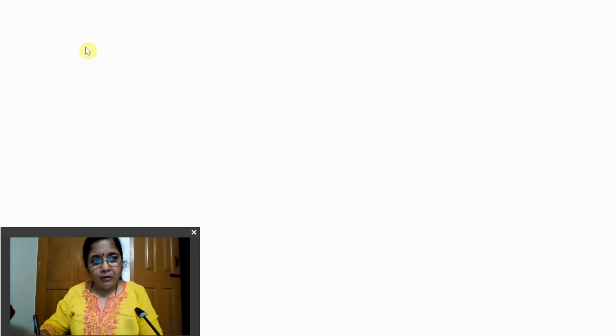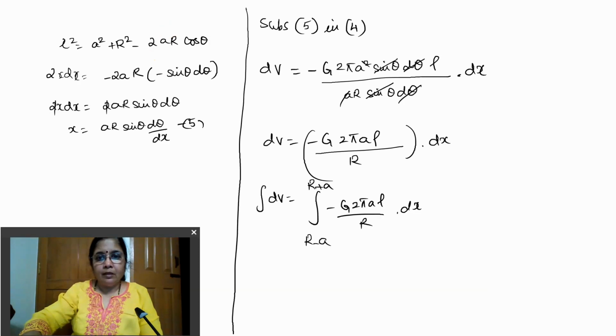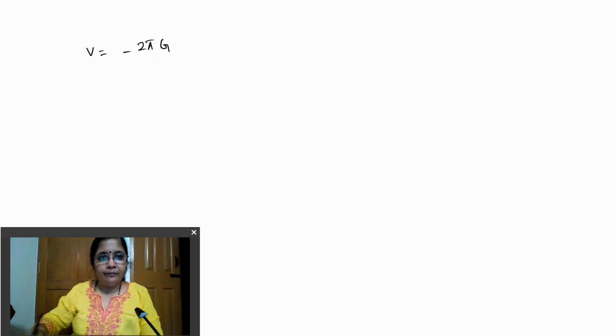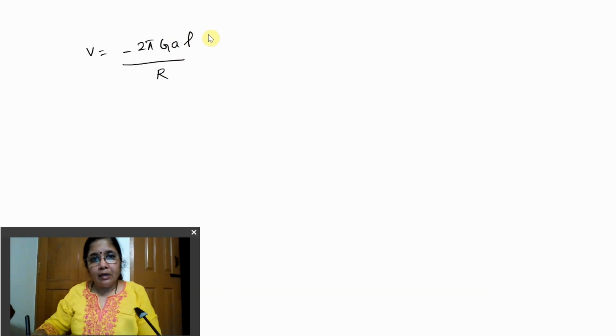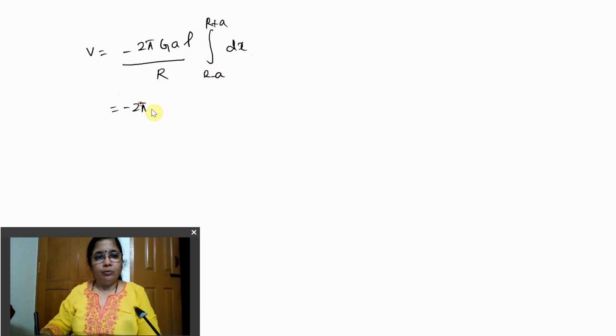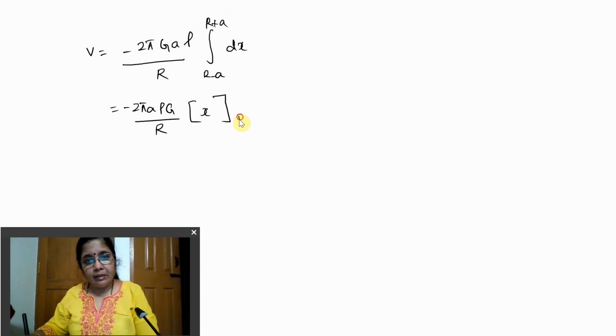So integrating, you are going to get v is equal to minus 2 pi g a rho divided by r, integral from r minus a to r plus a of dx. So you will get minus 2 pi a rho g by r, x within limits r minus a to r plus a.